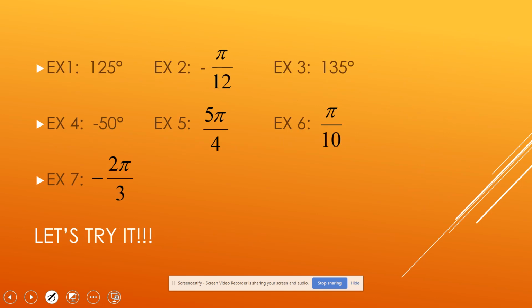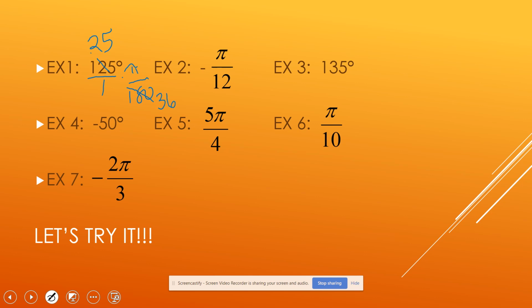Let's try a couple. So we have 125 degrees. We're going to change that into radians. So we're going to put it over 1 and multiply by pi over 180. Cross reduce the 125 and the 180 by 5, and we get 25 here and 36 here.